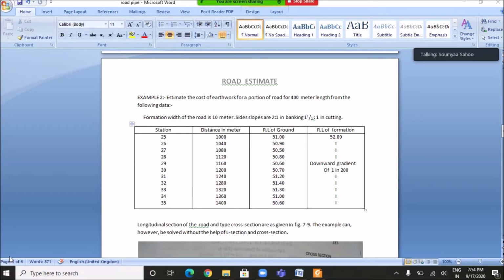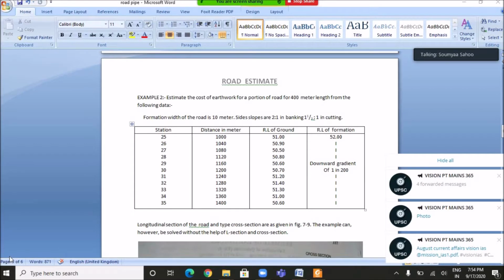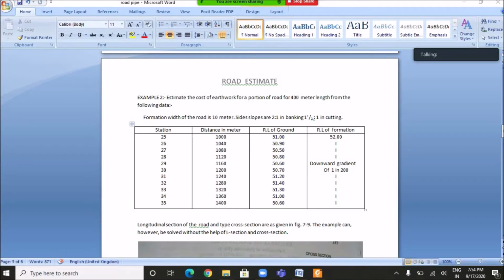So try to work out these numericals repeatedly in your copies, so that you will be confident before your semester exams. So with this note, let's see this numerical.